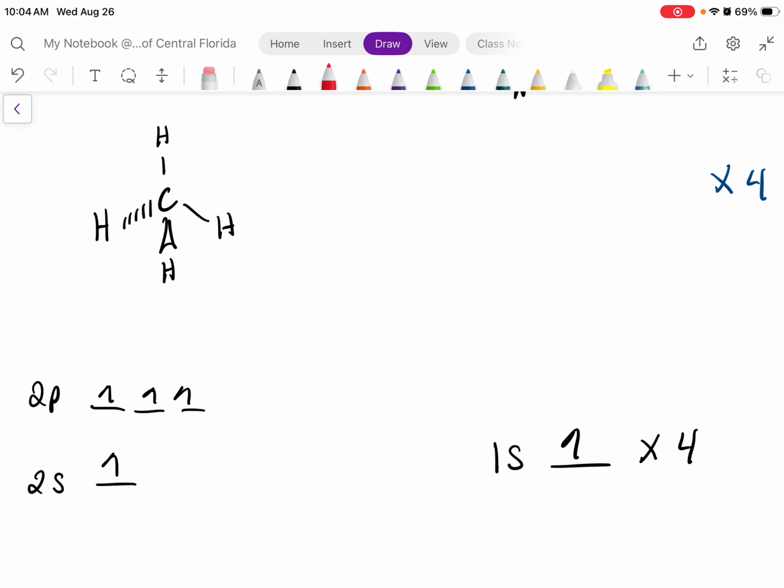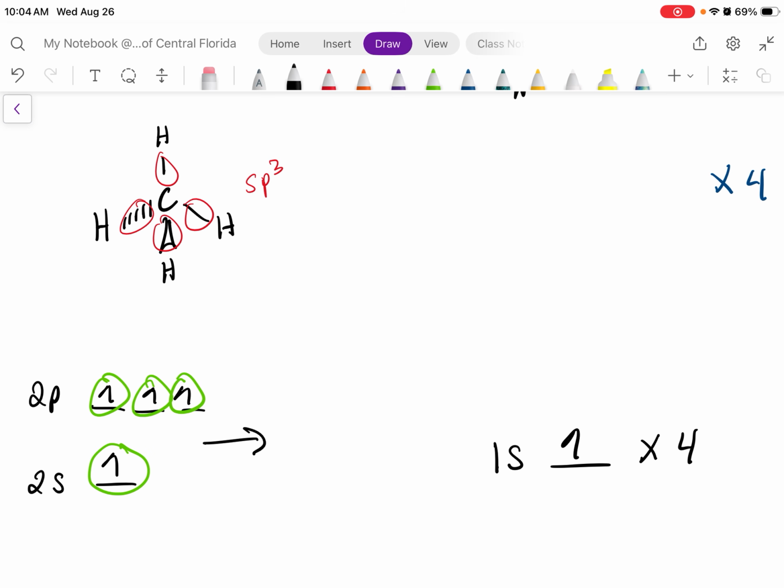Okay. Now we have to figure out the hybridization state of the carbon atom. Because this carbon atom has 4 electron groups around it, by bonds, that is going to be sp3 hybridized. So that means we have to take this ground state configuration and hybridize an s orbital and 3 p's.